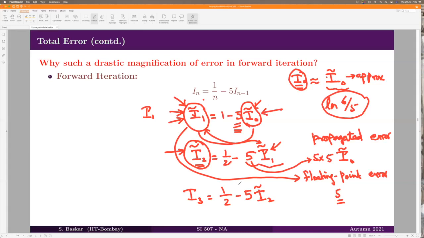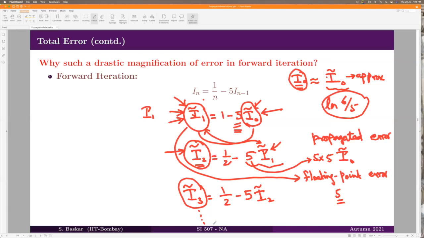So it is carried over like this, and then you make a new floating point approximation to the value that you computed here, and that is going to be taken as I3, and it goes on like this. So every step you are amplifying your total error by 5 times.